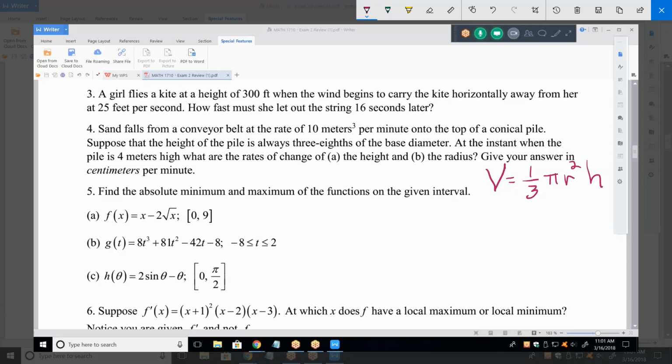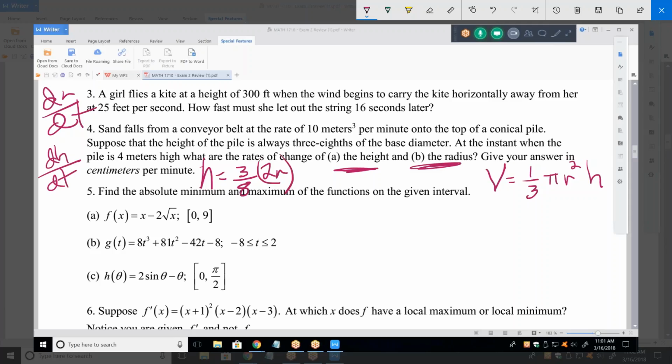We solved yesterday for dr dt. What we want is dh dt. You with me? Yep. So I have to turn this r into an h. Well, I have a second equation that relates height equals 3/8 of the diameter, which is 2 r's.